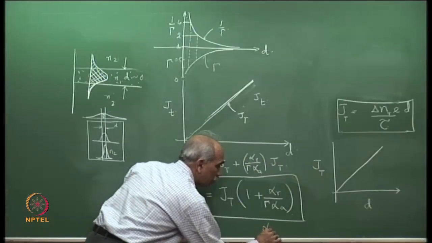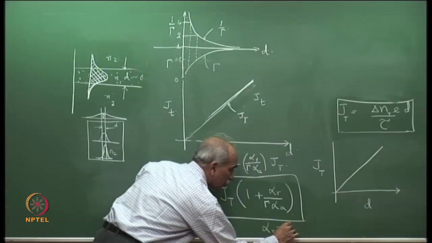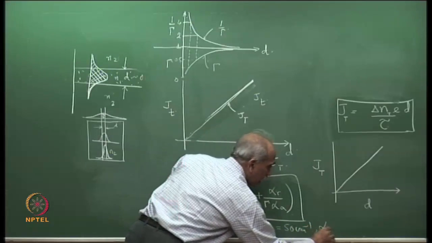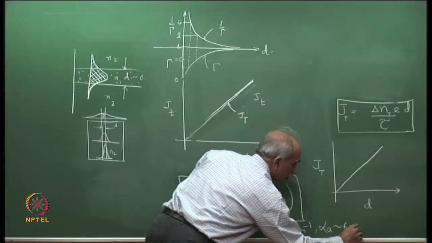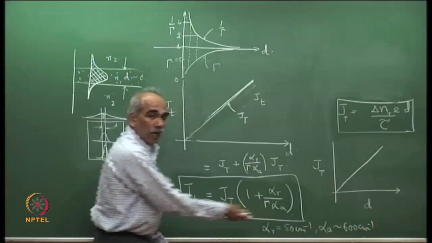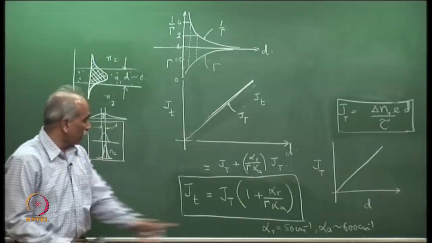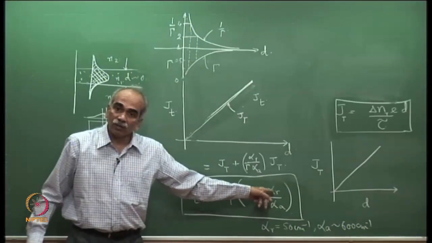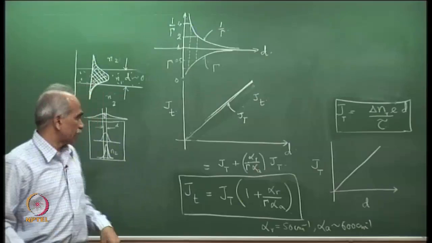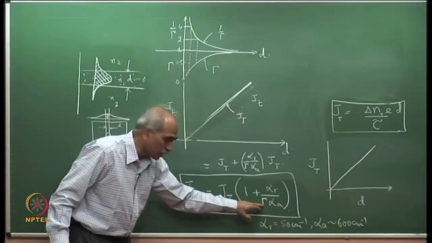Because we have some numbers, you recall: alpha r was about 50 or 60 centimeter inverse, and alpha a was about 600 centimeter inverse. You remember that we had put this as 0.1, alpha r by alpha a. That is how we had written 1.1. The transparency threshold current was 1.1 times transparency. So, this factor was 1.1 without the gamma.